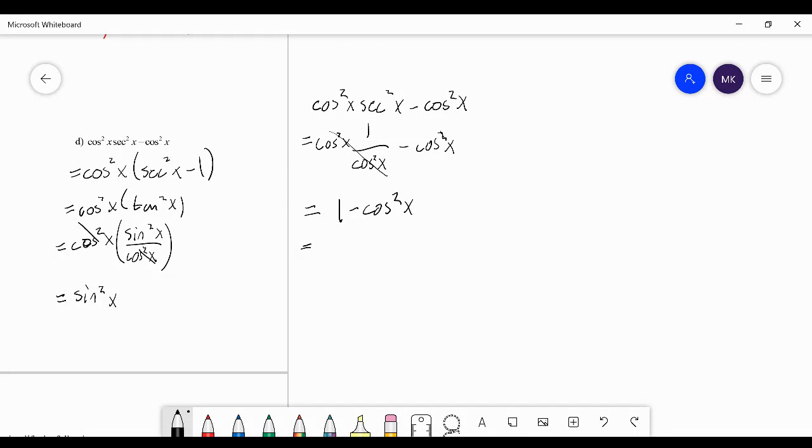If we remember back when we looked at the initial version of the Pythagorean identity, we isolated sine squared theta equals 1 minus cosine squared theta. So 1 minus cosine squared x is just sine squared x, and you can see we got to the same place.